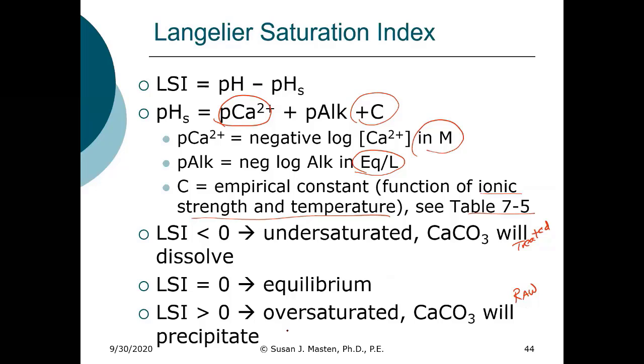In 481, you talk about Q, the equilibrium constant, or quotient, which is really a function of whether the system's at equilibrium or not. What the Langelier saturation index does is essentially tell us the same information in a different form. It looks at the equilibrium of calcium carbonate, the effective temperature, and the effective salinity.